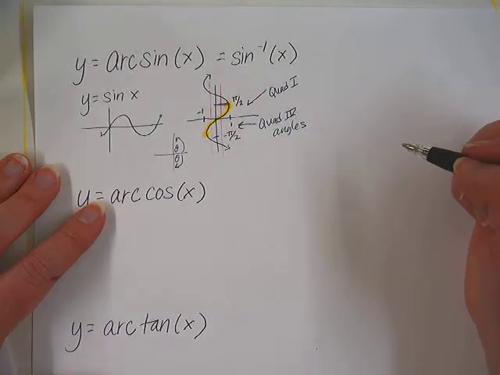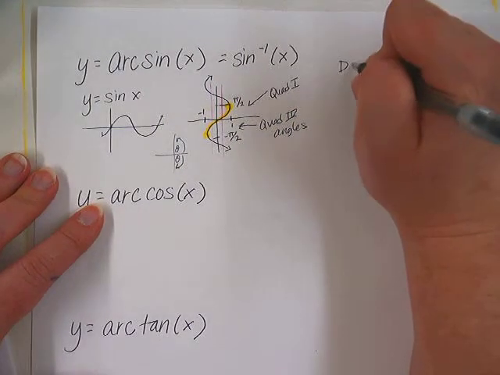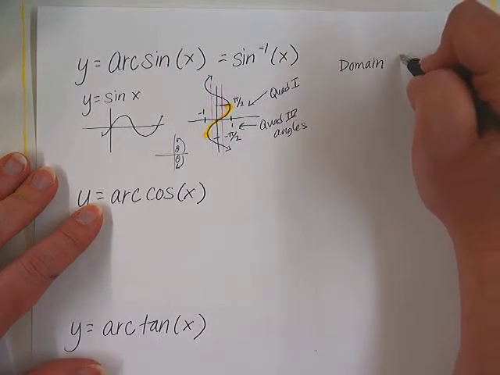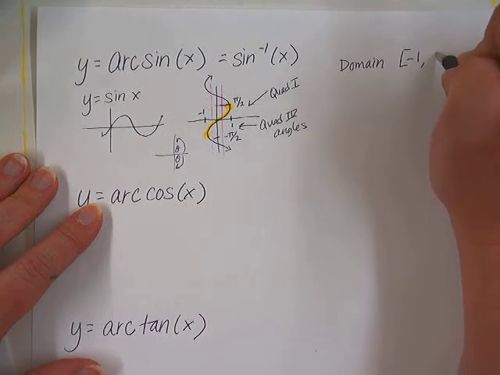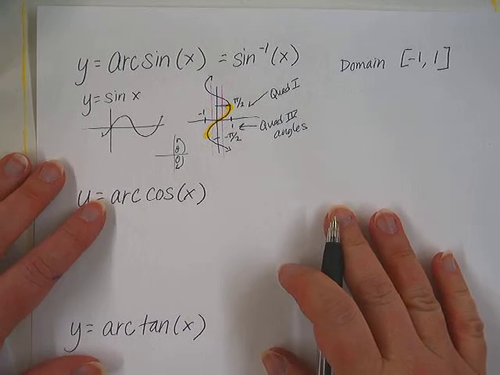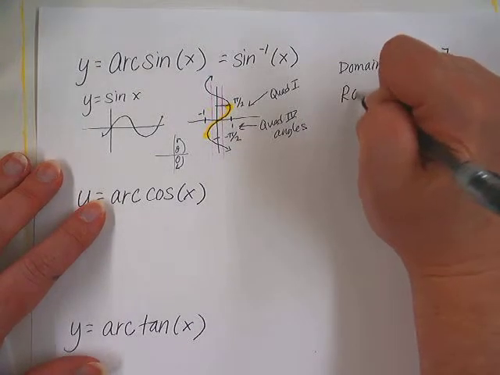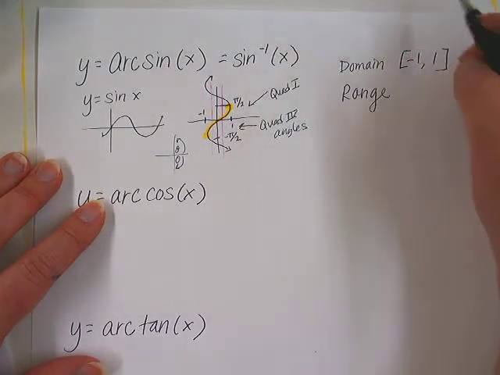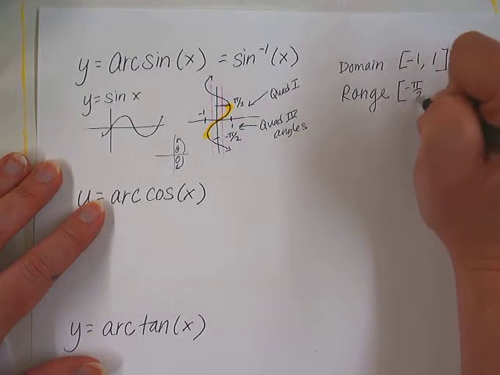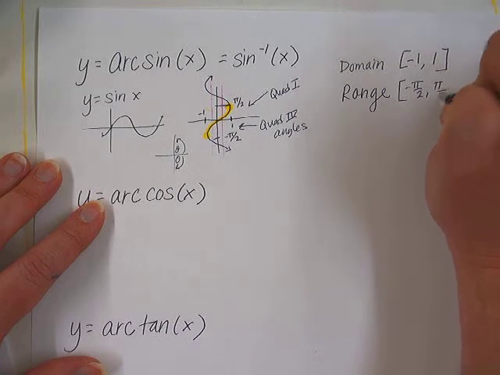Alright, so since our domain and range have traded, that tells us that our domain for this function is going to be from -1 to 1, because that is the range for the sine function. The range for this function is going to be from -pi halves to pi halves.